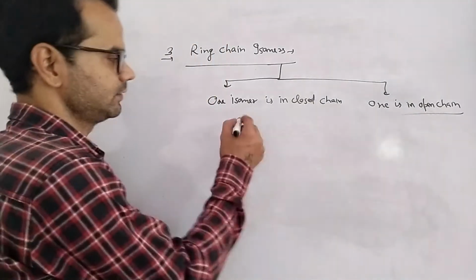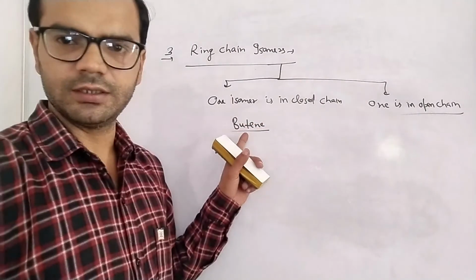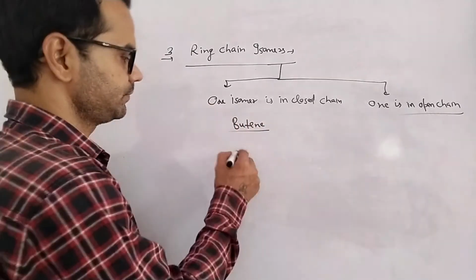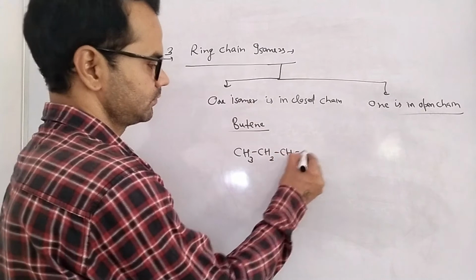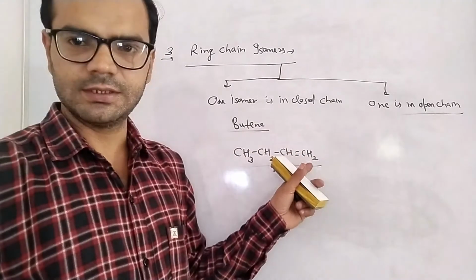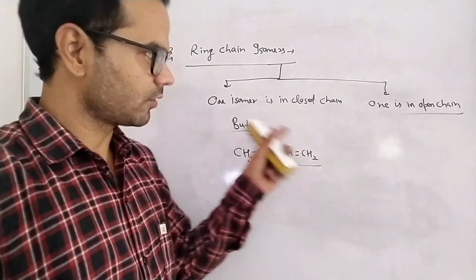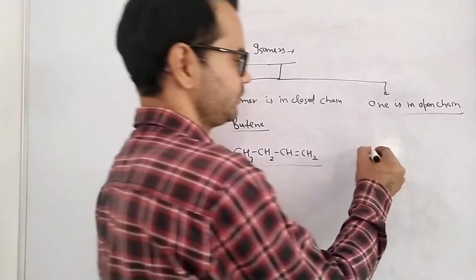For example, we have butene. Two structures are possible for C4H8. CH3, CH2, CH double bond CH2. This is butene. But we can draw a ring of a 4-carbon closed structure.